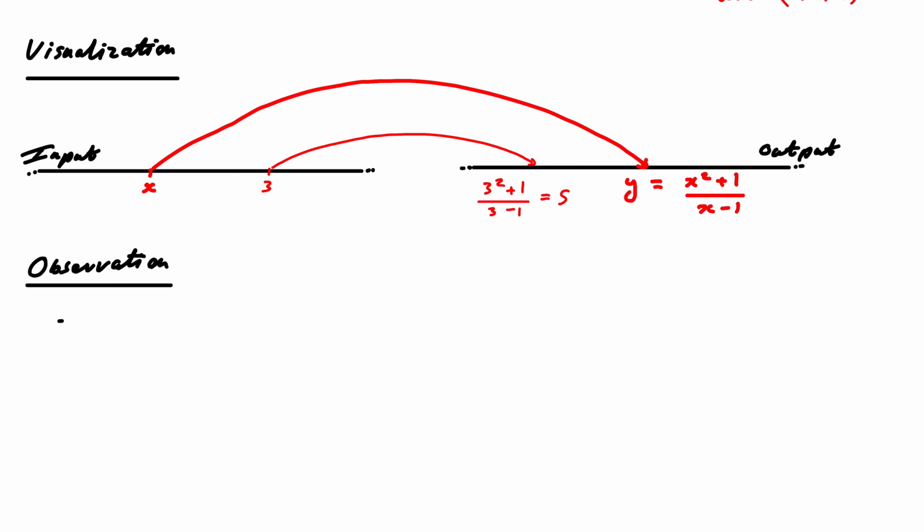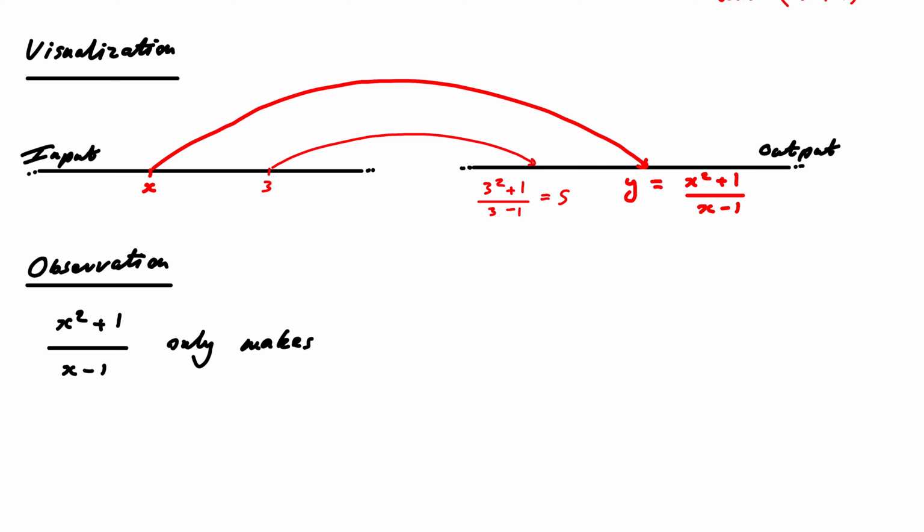x squared plus 1 divided by x minus 1 only makes sense as long as x is not equal to 1. We've seen this before when we were doing algebra with expressions like this, and I was telling us don't just blindly do algebra. Remember, what you're dealing with represents numbers, and there may be occasions when the numbers don't work.